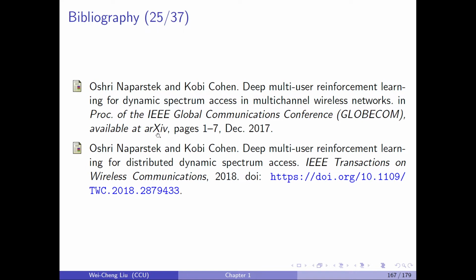Okay, we can see that here. The paper title is Deep Multi-User Reinforcement Learning for Dynamic Spectrum Access in Multi-Channel Wireless Networks, in Proceedings of the IEEE Global Communications Conference, GLOBECOM. Okay. Available on arXiv in 2017.